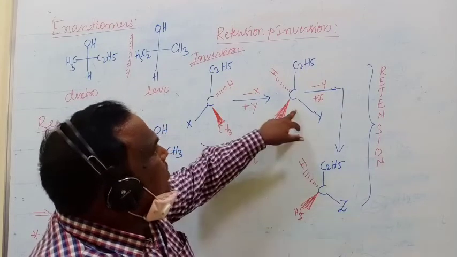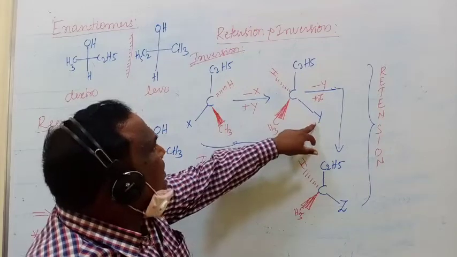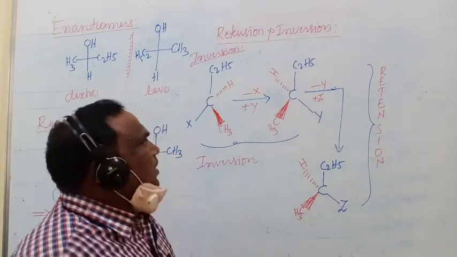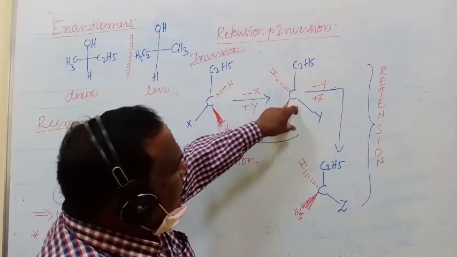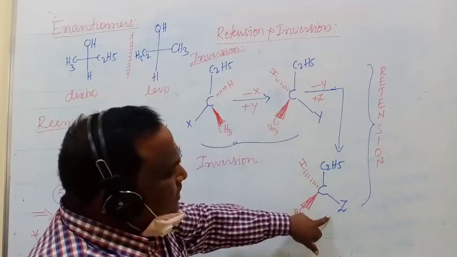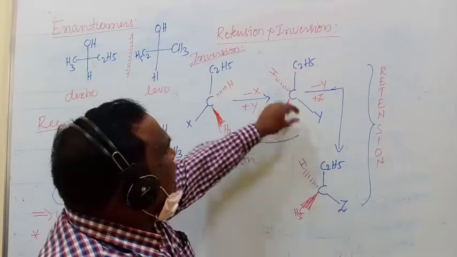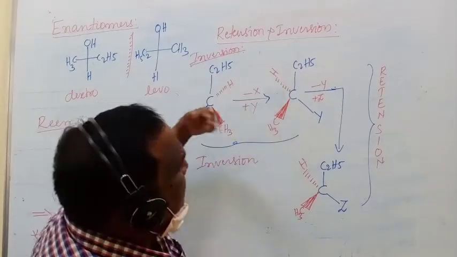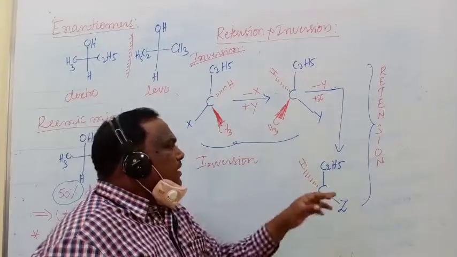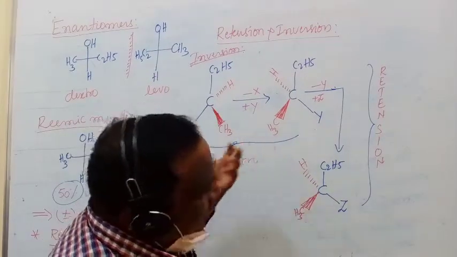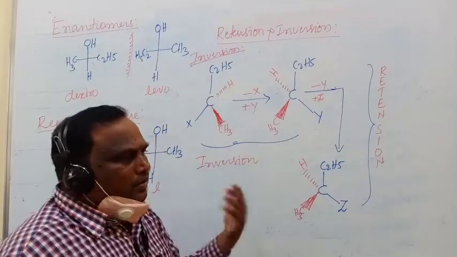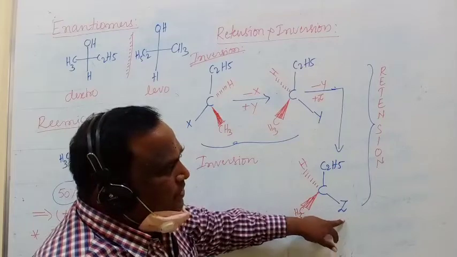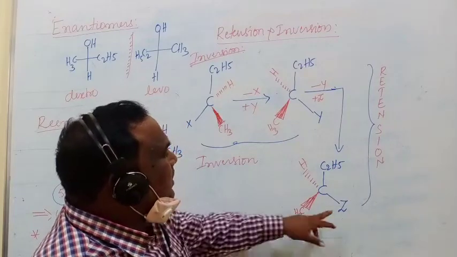Here also the Y nucleophile is substituted with the Z nucleophile. So this is now the reactant for this reaction, and this is the product. In the reactant, hydrogen and methyl are on the back side. After the chemical reaction, where Z is substituted, hydrogen and methyl are on the same back side.